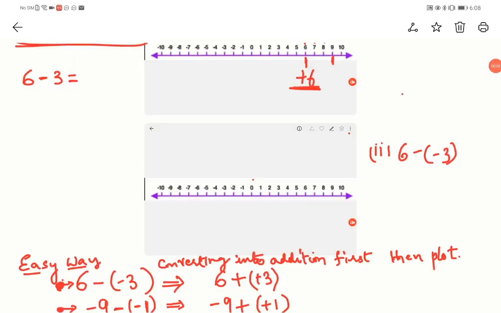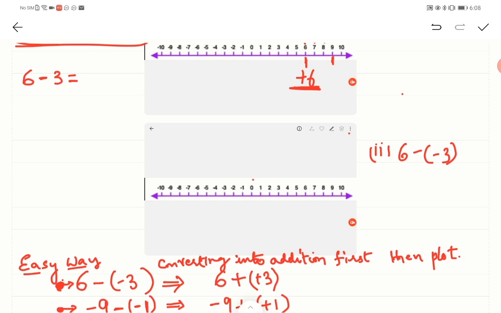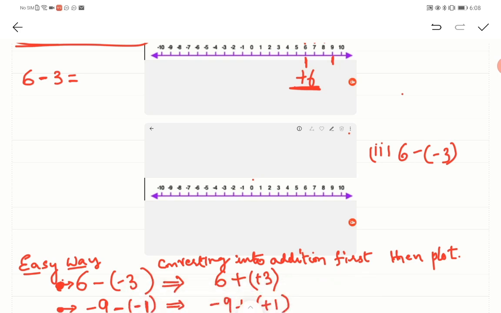Now if subtraction is given instead of addition, how are you going to plot? Whenever such kinds of equations are given to plot on the number line, the best way is to first convert the sign into plus and then go for plotting.